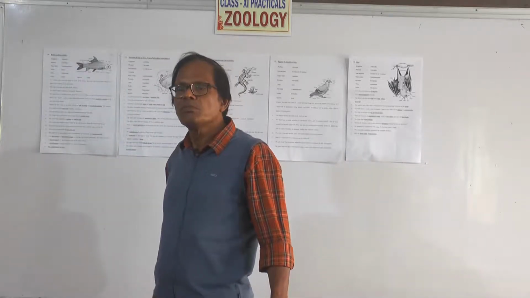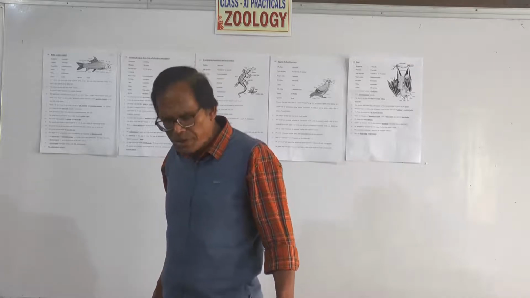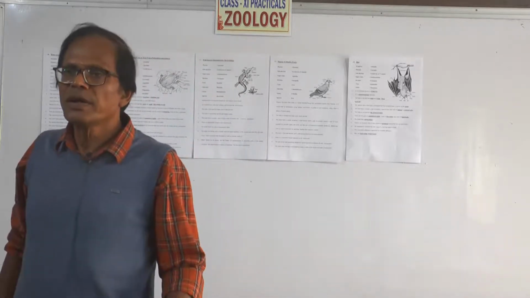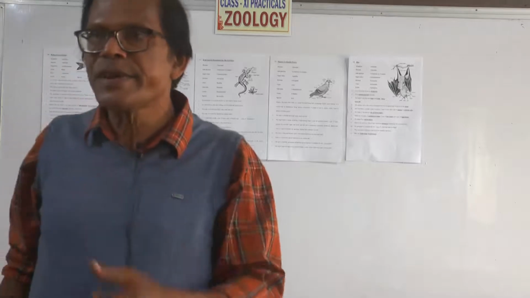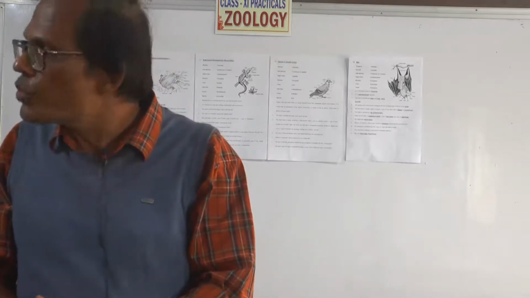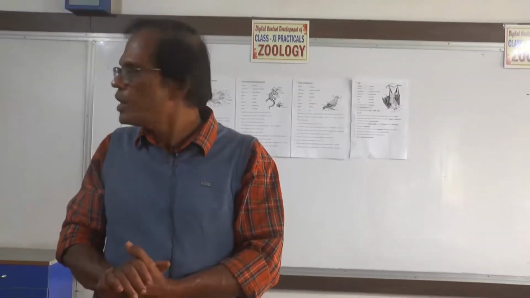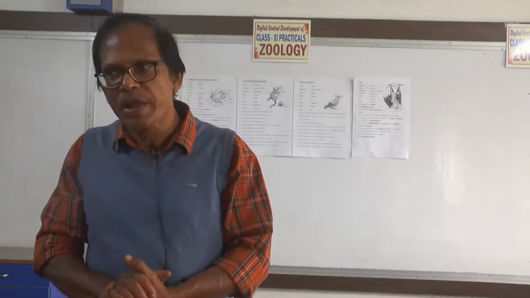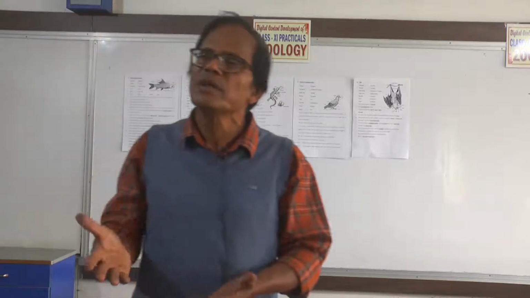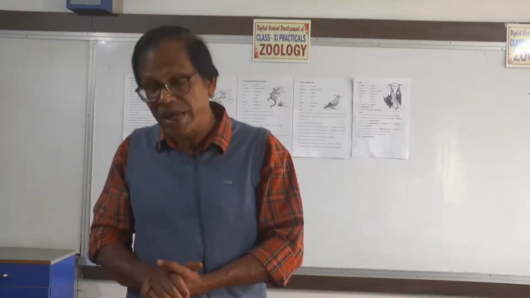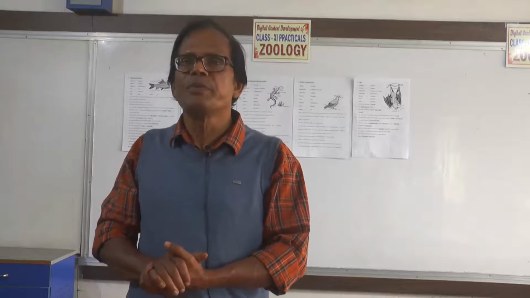What is the most important feature of a fish? If I ask a student to tell me an important feature of a fish, he or she will respond immediately by saying that a fish has scales, a fish has fins.